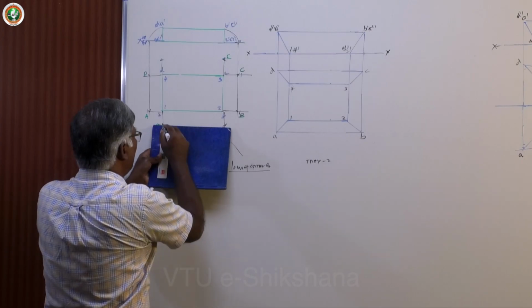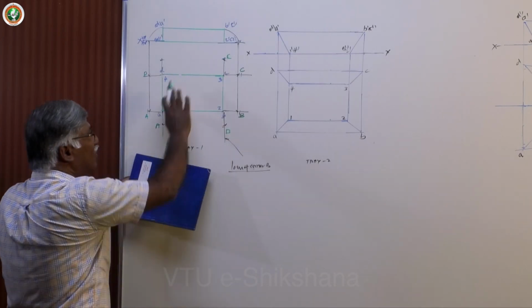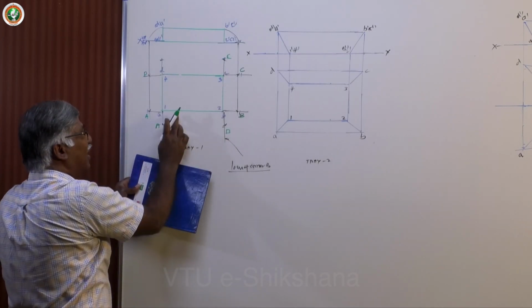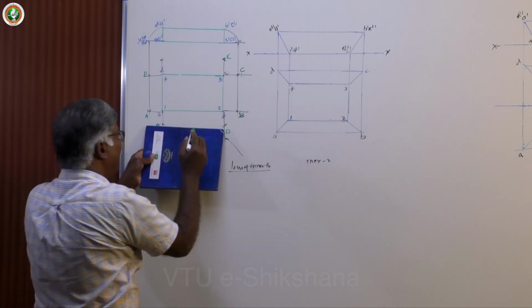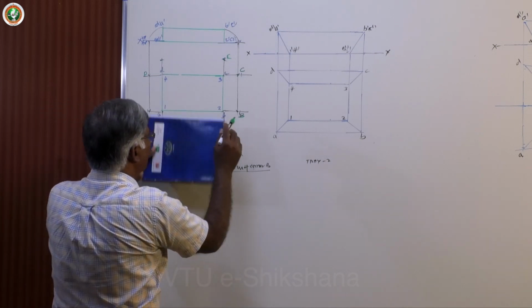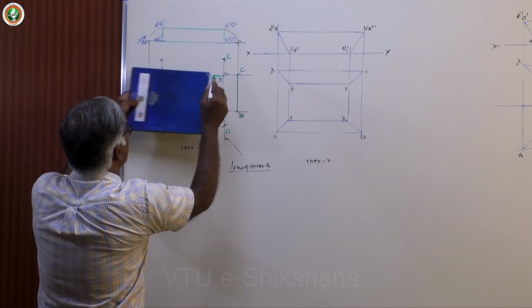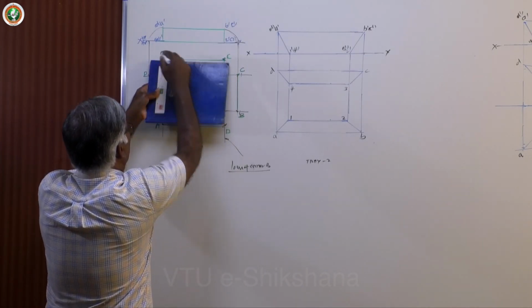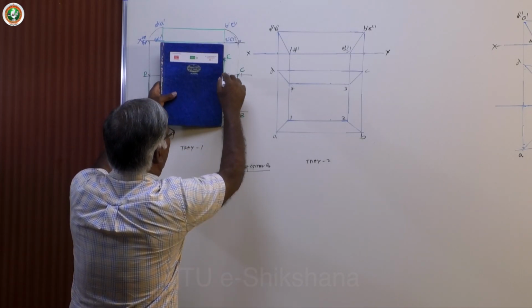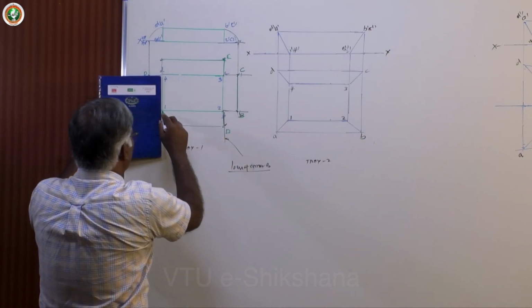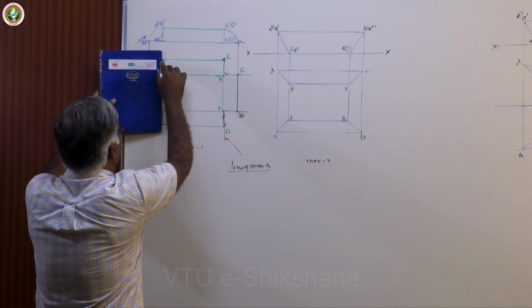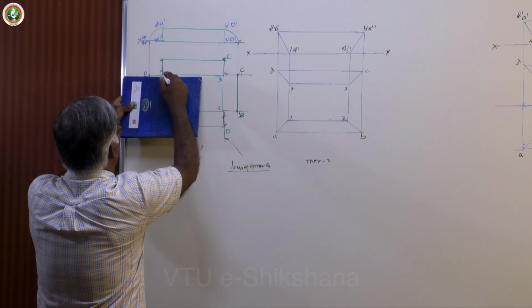Now join. Here nothing was there beyond this green color boundary. Now I am keeping again this. So now join these points, because this is very clear cut reference. This is vertical.